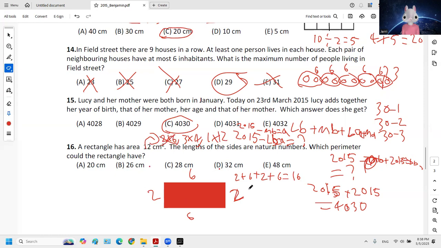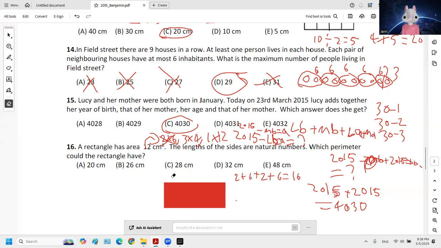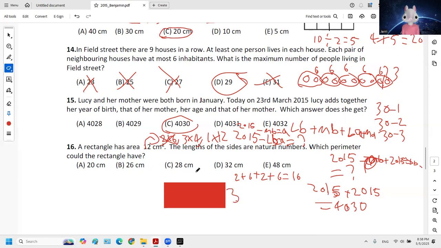No. 3 times 4. 3, 4, 4, 3. So now it would be 3 plus 4 plus 3 plus 4. It equals 14.